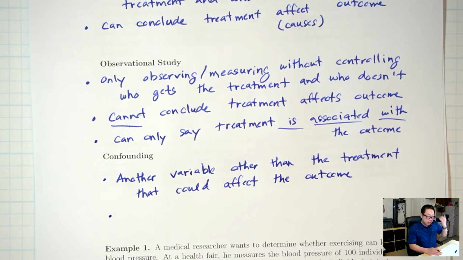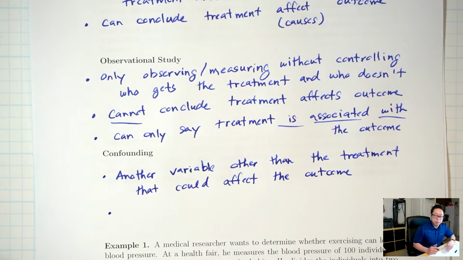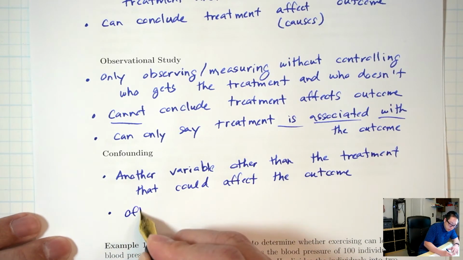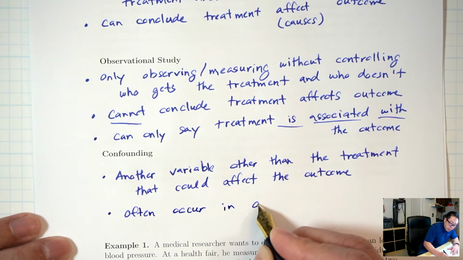And as I said, these differences are something that you have to live with if you're doing an observational study. So confounding variables often occur in observational studies.